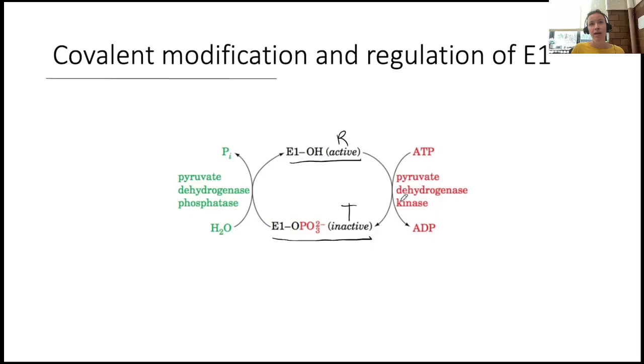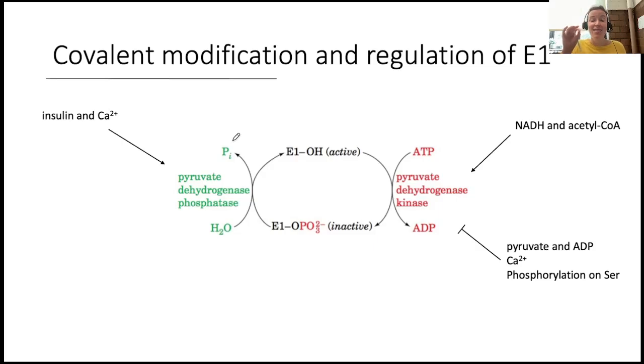On the right-hand side, the enzyme pyruvate dehydrogenase kinase is responsible for phosphorylating E1, and the enzyme pyruvate dehydrogenase phosphatase is responsible for dephosphorylating E1. These kinases and phosphatases, we learned already, can be regulated themselves. And so we have regulation of the kinases that then impacts how E1 itself is regulated.